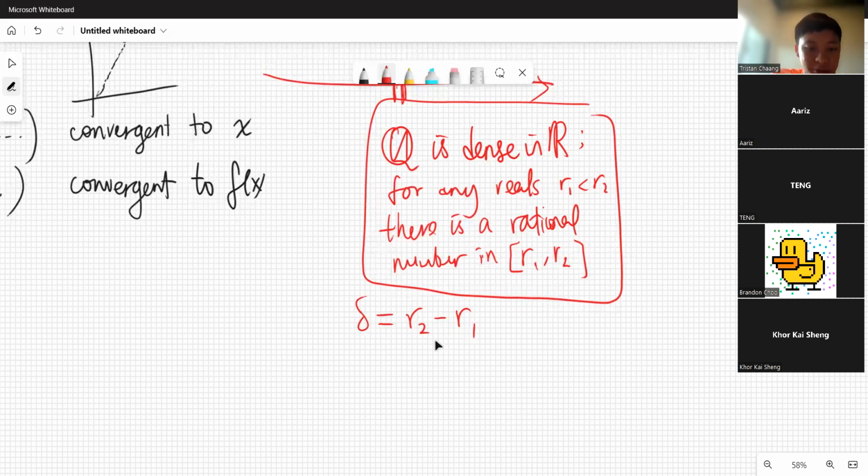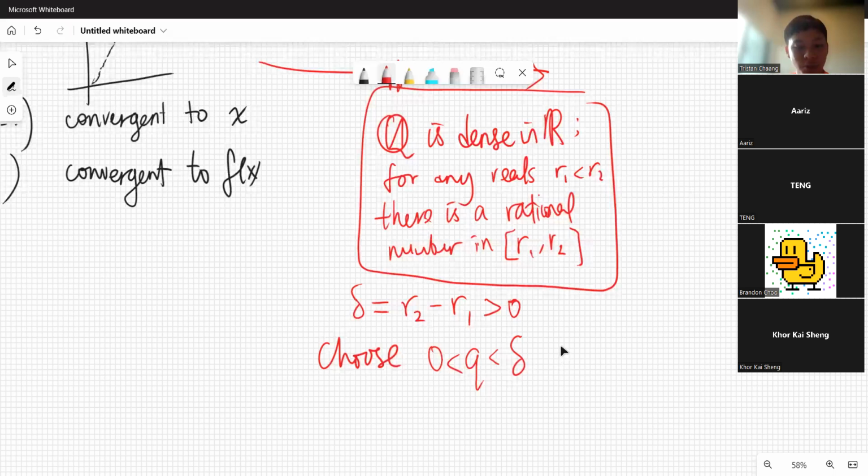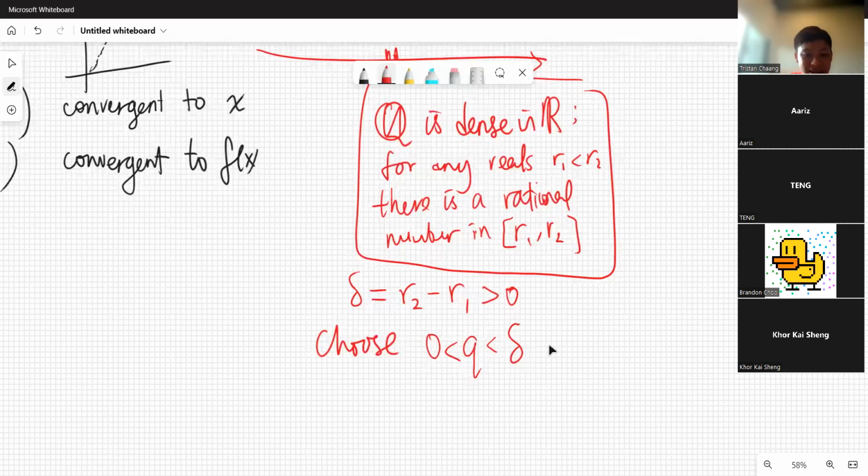First, we can choose some rational number q between 0 and delta. Okay, so why can we do that?